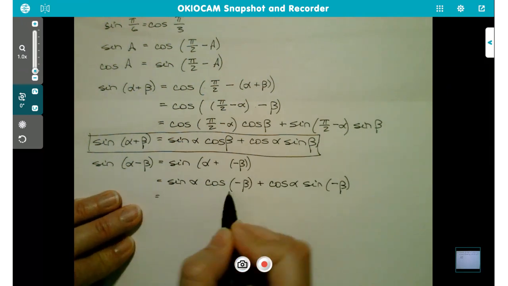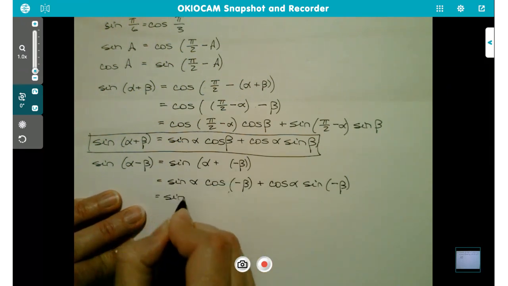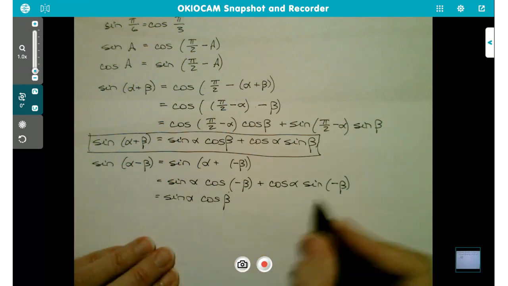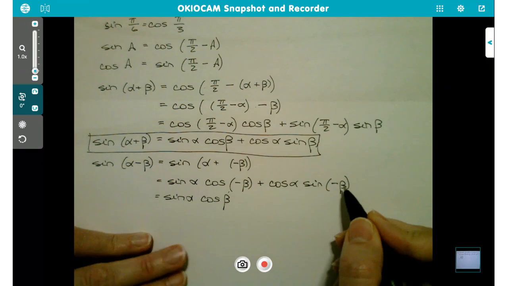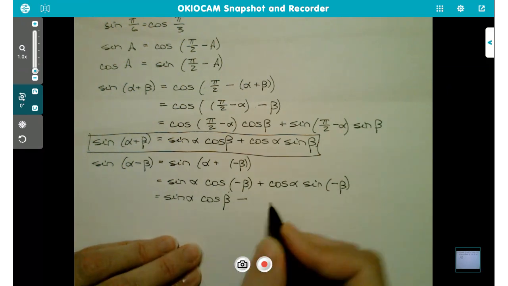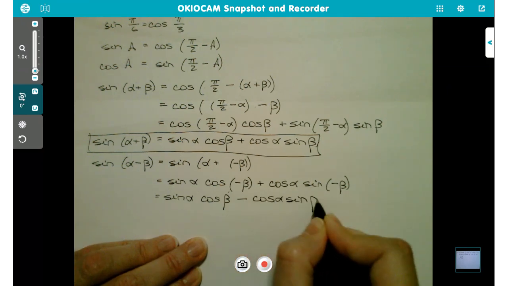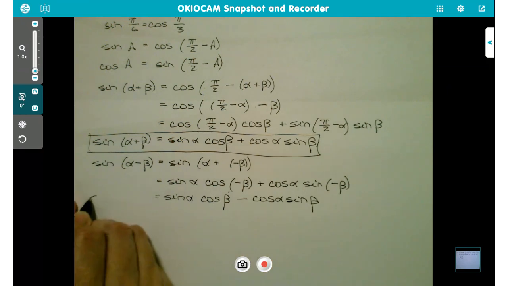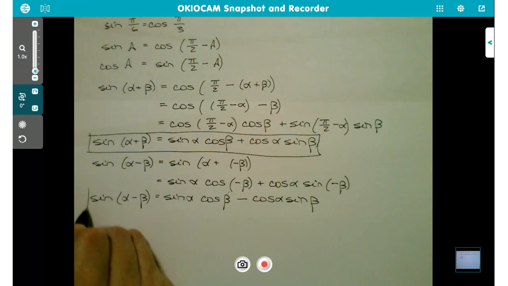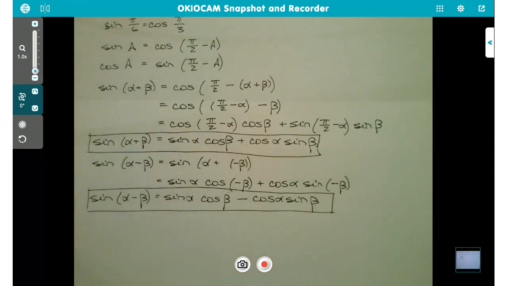Cosine of negative beta, cosine is even, so the cosine of negative beta is the same as cosine beta. Sine is odd, so the sine of negative beta is the same as negative sine of beta. And there's the version for sine of a difference. And that is where the sum and difference identities come from.